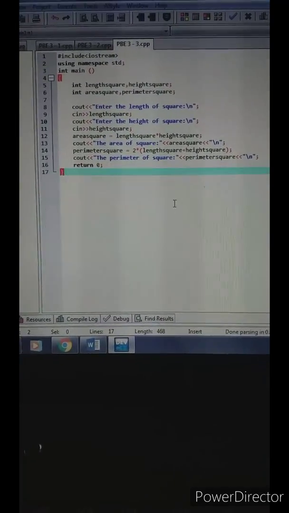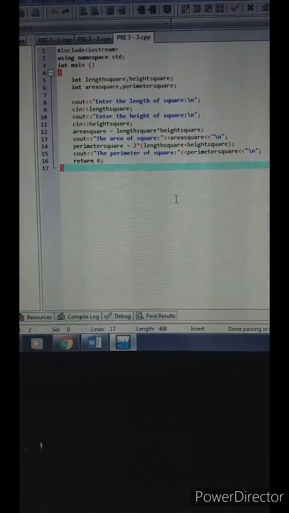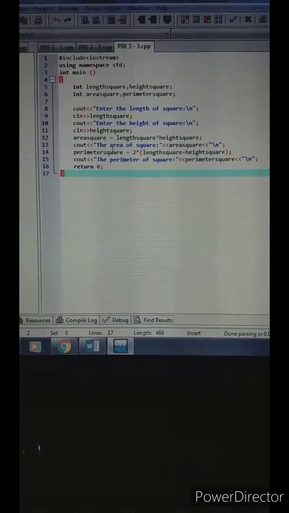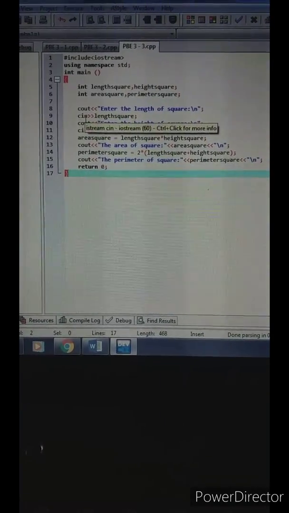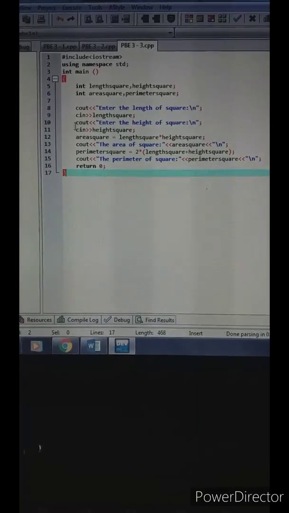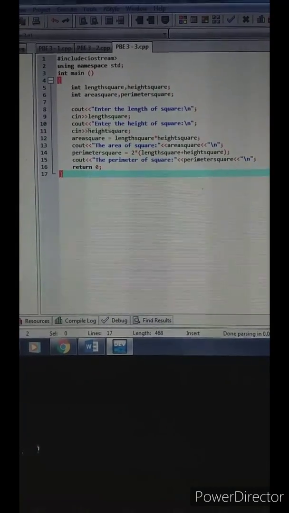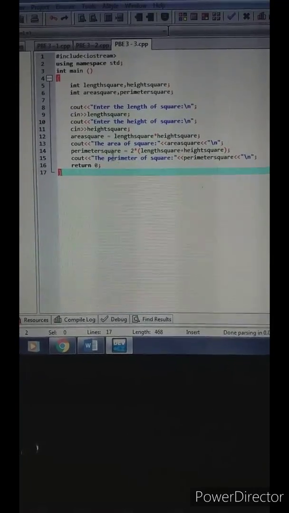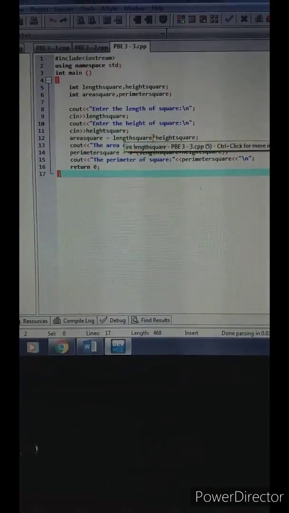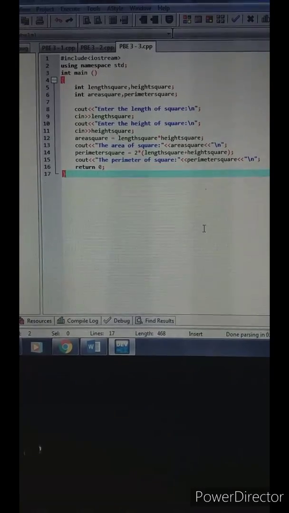The output in the command box will be: enter the length of the square, and then cin, we have to enter the length of the square, and then again cout enter the height of the square, and then cin height of the square. Then area of square is length square times height square.